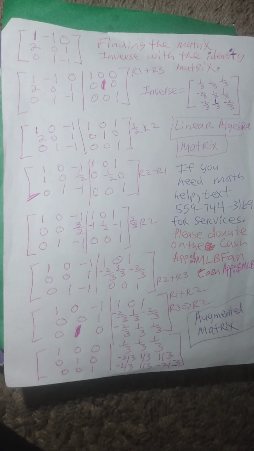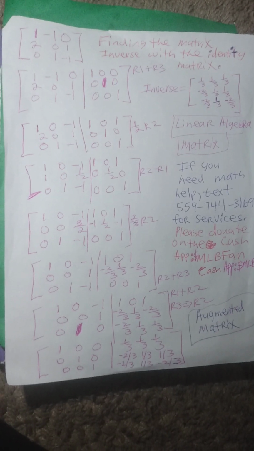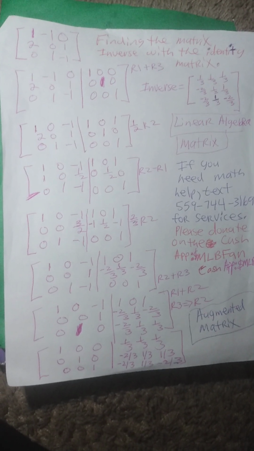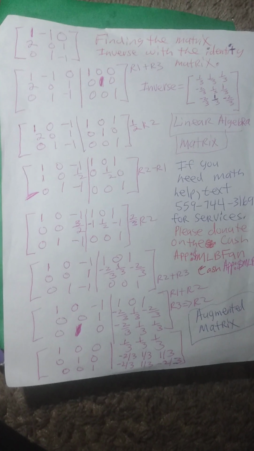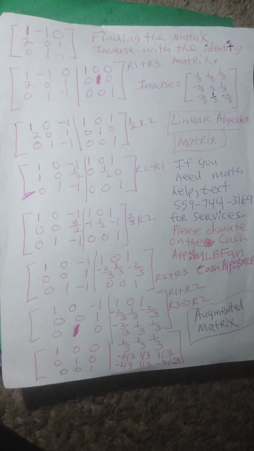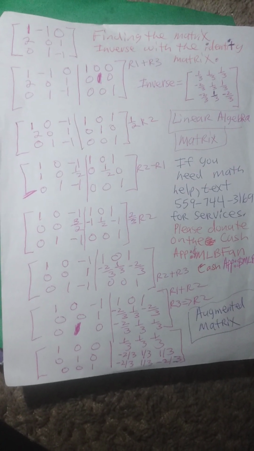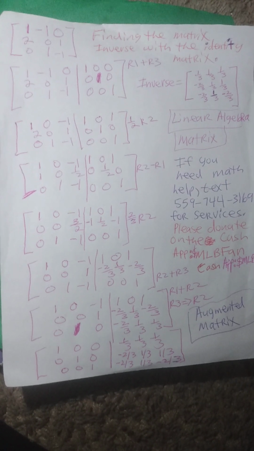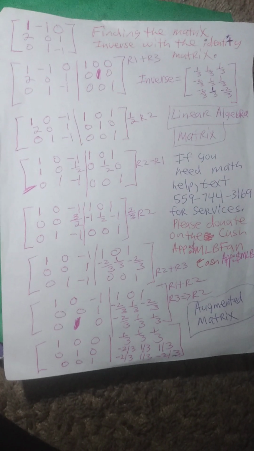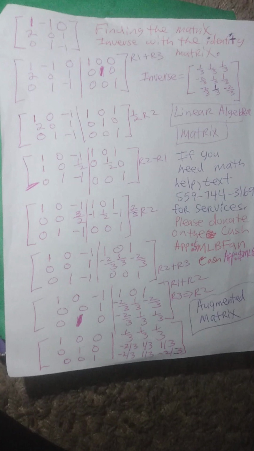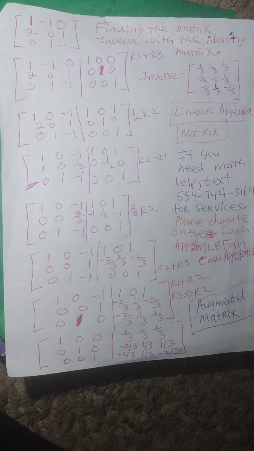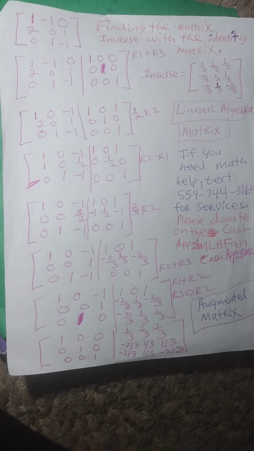So 1/2 plus 1 is 3/2. 0 minus 1 is negative 1. 1/2 minus 0 is 1/2. 0 minus 1 is negative 1. So our new row 2 is 0, 0, 3/2, negative 1, 1/2, and negative 1.